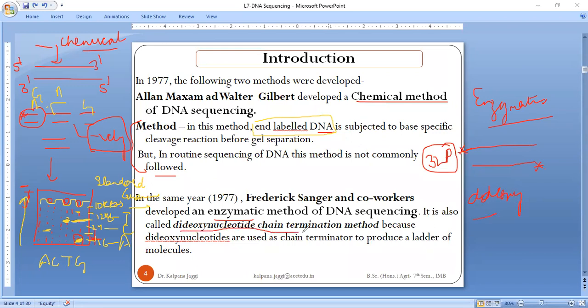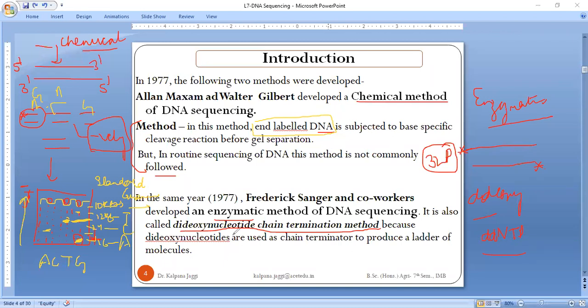It is often referred to as the dideoxynucleotide chain termination method, abbreviated as: di means D, D means deoxy, nucleotide means nucleotide, chain termination method. And it is never DDN; it used to be dideoxynucleotide triphosphate, right? I will be introducing you to this DD and TP also.